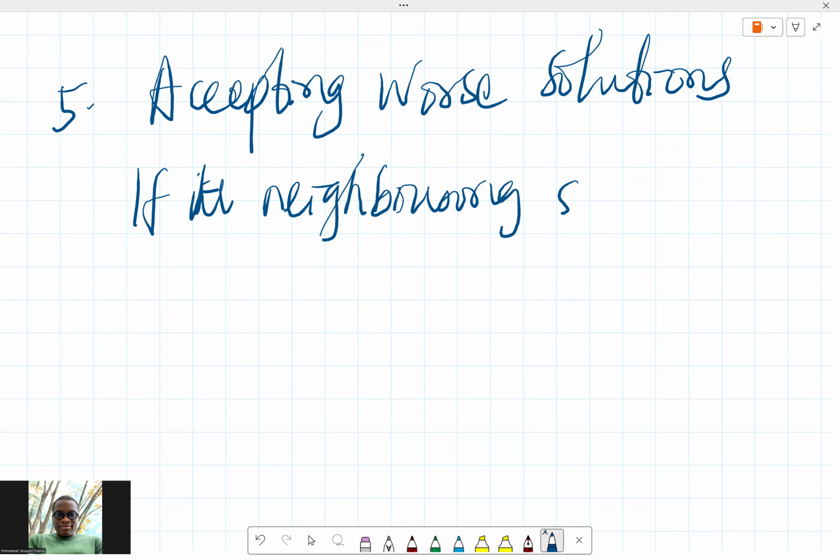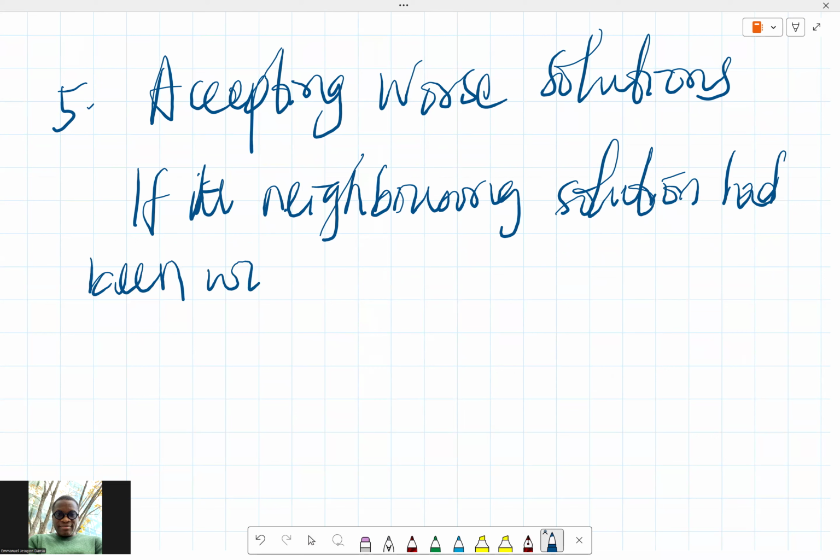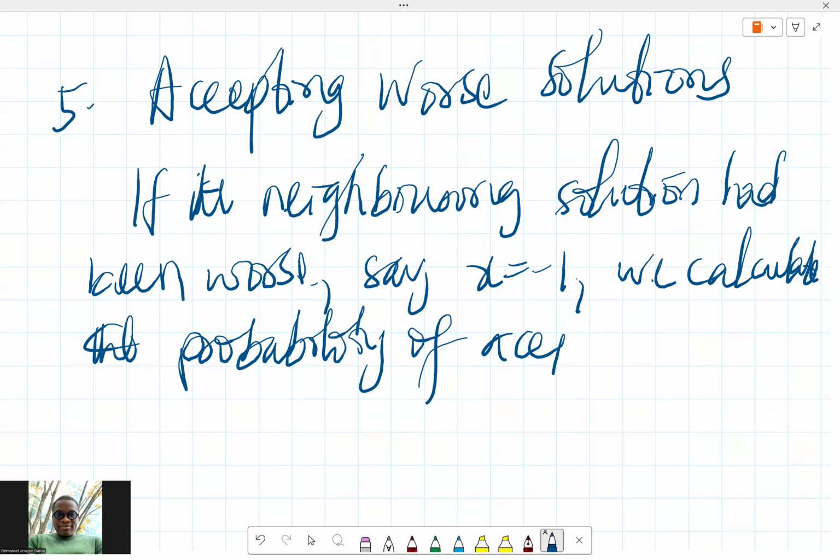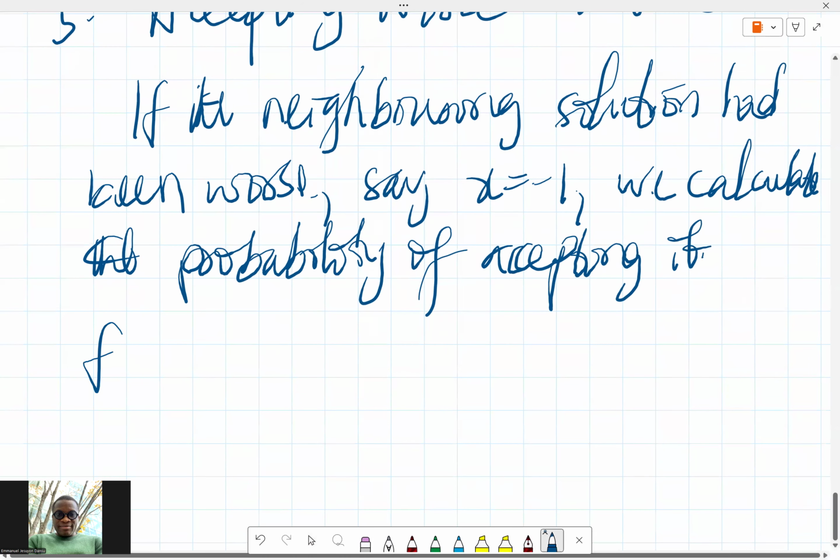If the neighboring solution had been worse, say x is equal to -1, we calculate the probability of accepting it.